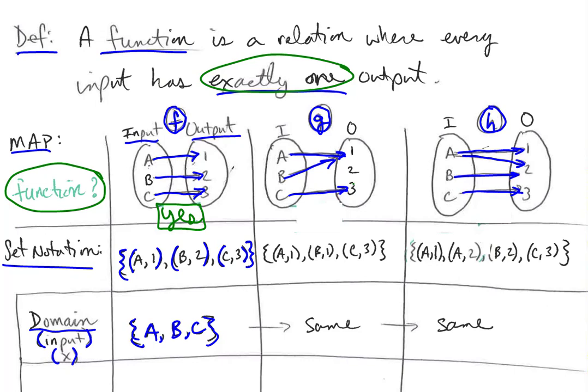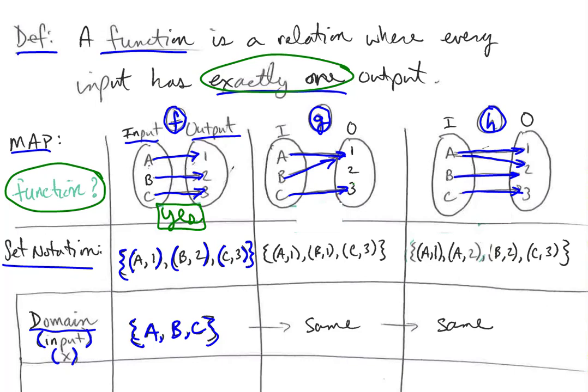But the definition specifically says that every input has to have one output. So think about this. Does the input of A have one output? Yes, A goes to 1. Does the input of B have one output? Yes, B goes to 1 as well. Does C have one output? Yes, C goes to 3. Now, the fact that A and B both go to the same output does not ruin the fact that they each have one output.